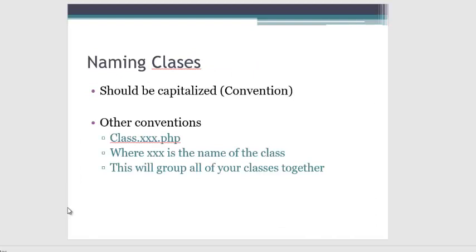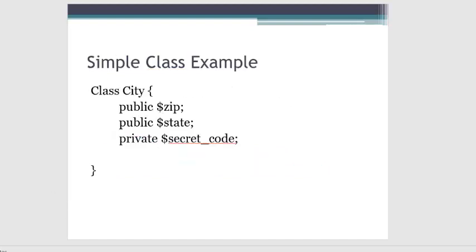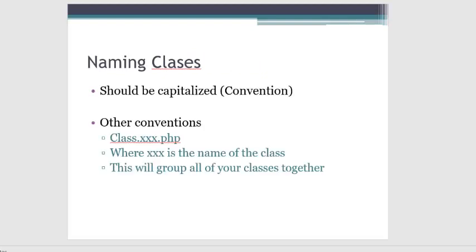All right, naming classes. So that is creating a class in PHP. This is all convention. You don't have to do anything. I mean, this is the syntax for creating a class, but in terms of how you should organize your files, a convention is, generally speaking, we capitalize our class names. But notice this right here.